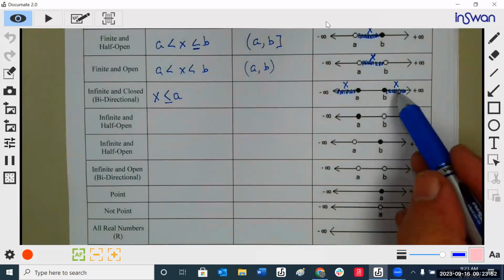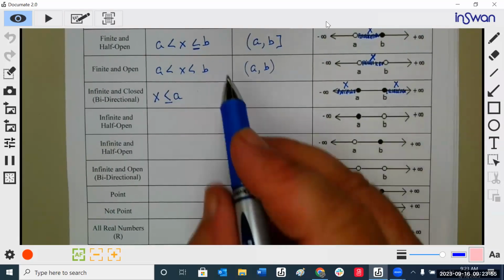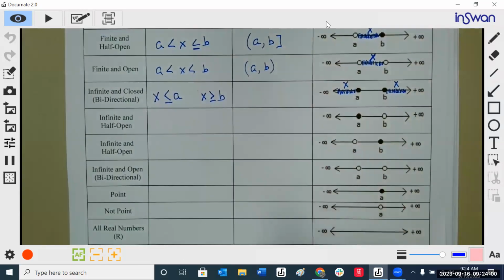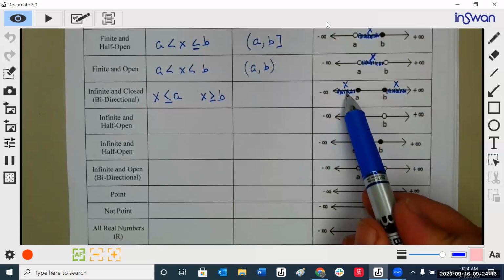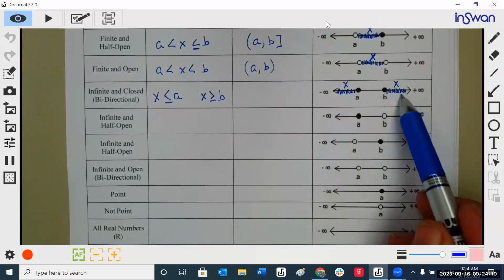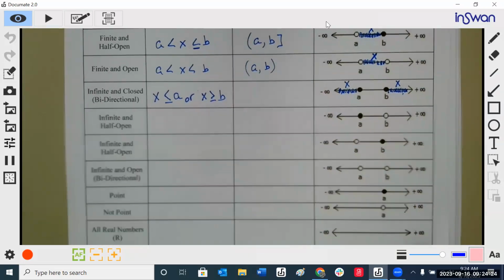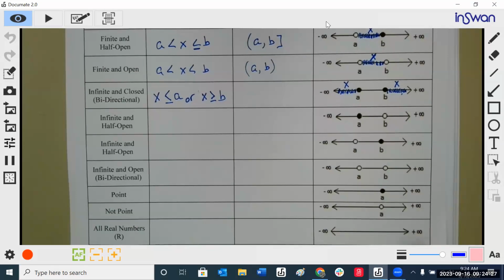And the next one is X is larger than or equal to B. What this is telling us is if I'm thinking of a number that's less than 5 or greater than 10, your answer could be either in here or here. You'd be right. So we use the word or. The answer is true in this one or in this one.